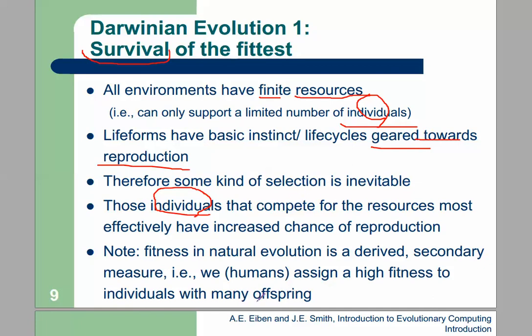And it can reproduce or produce children or offspring. Offspring means children for the next generation.